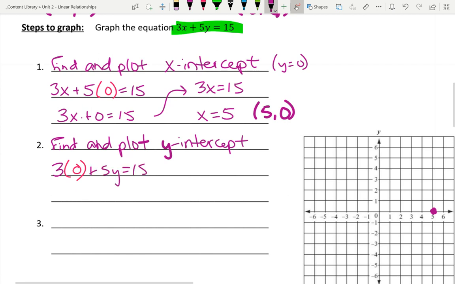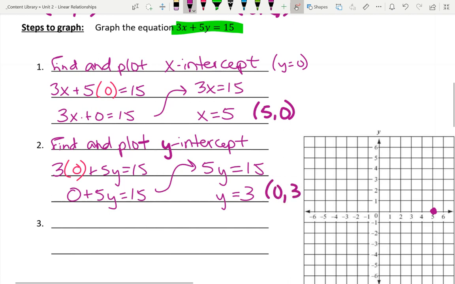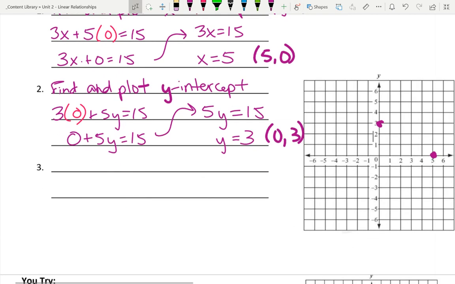So 3 times 0 makes this 0 plus 5y is equal to 15. And if we follow this process through, 0 plus 5y is just 5y, and 5 times 3 is 15, making this y value 3. So we get the point 0, 3. So when I plot that, it looks right there. On the y-axis, I've got a y-intercept.